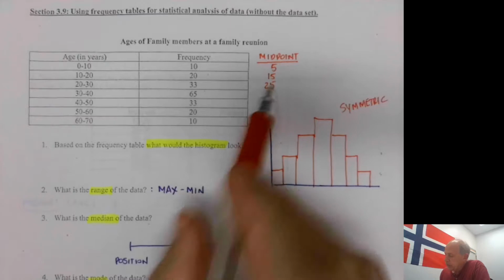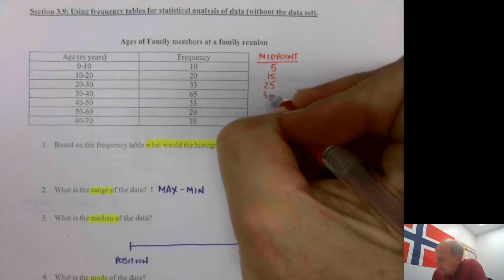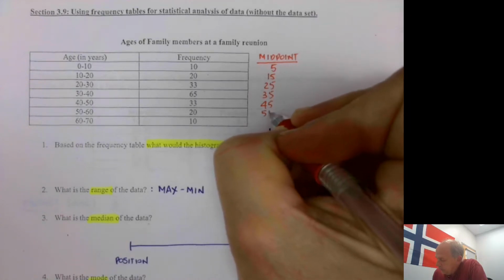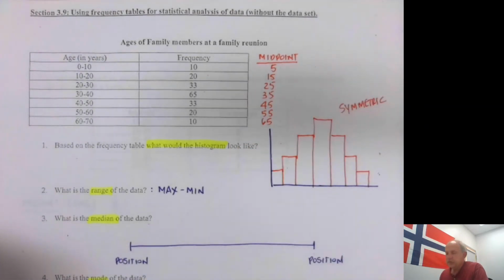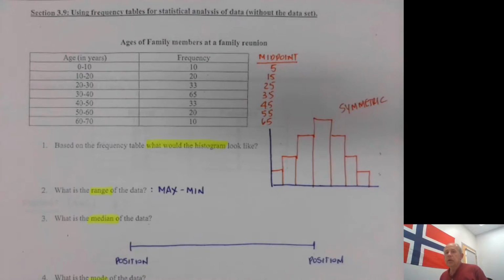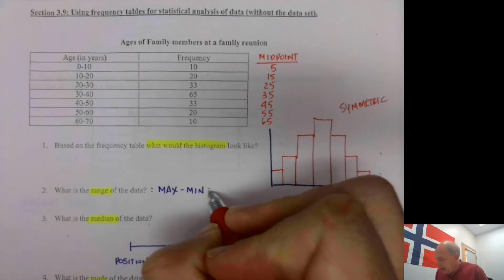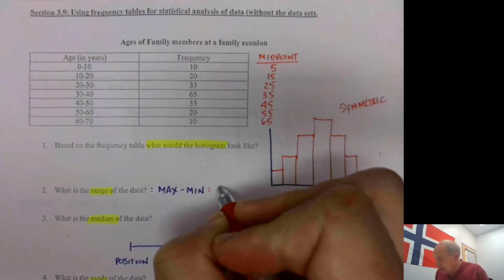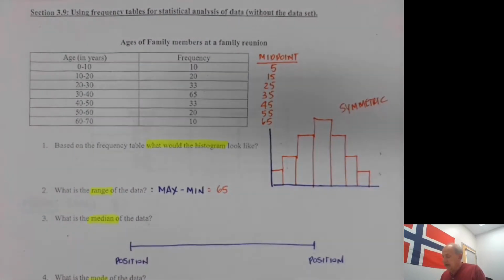The 20 to 30-year-olds, I'm going to call them 25, then 35, 45, 55, and 65. So those are the values that are going to be really important to me when I start finding out these statistical measures.